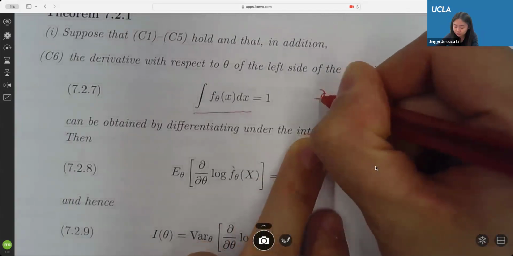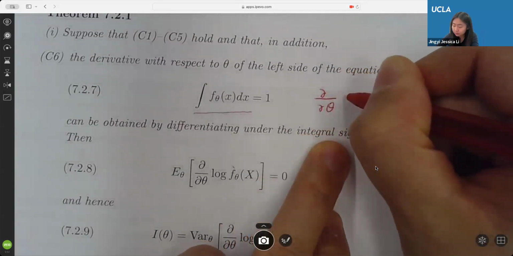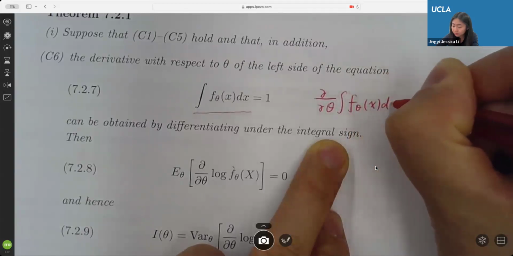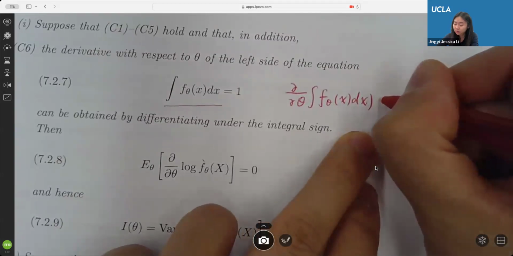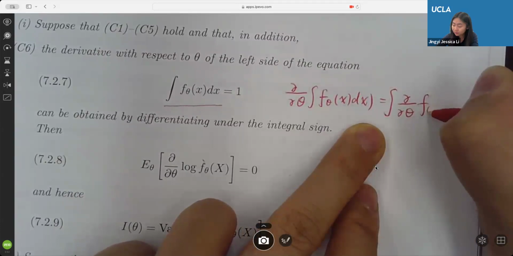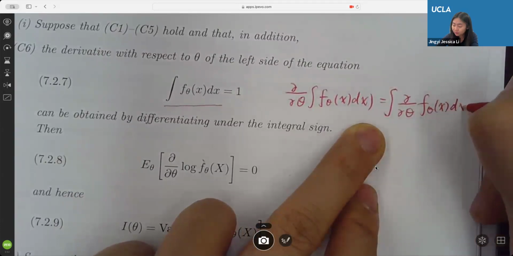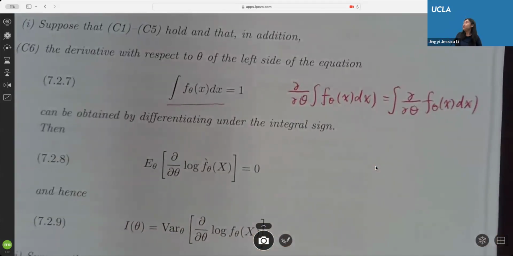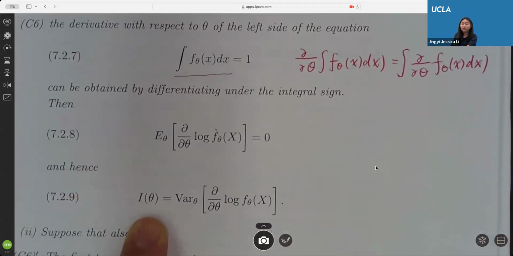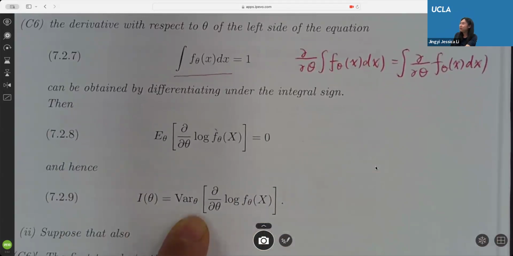So, okay, equals, this is the condition. If this thing holds, then we can express Fisher information as the variance of the first derivative of the log likelihood.